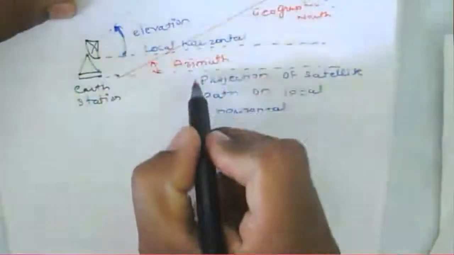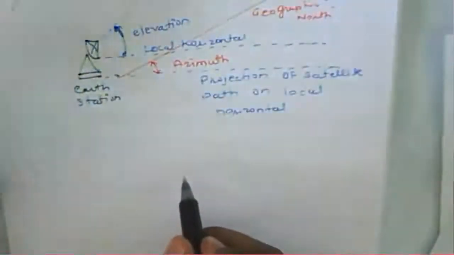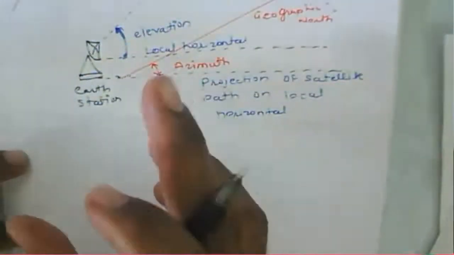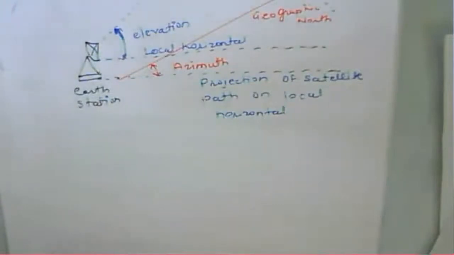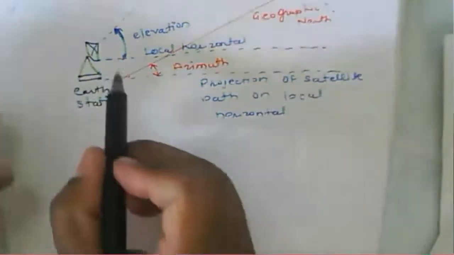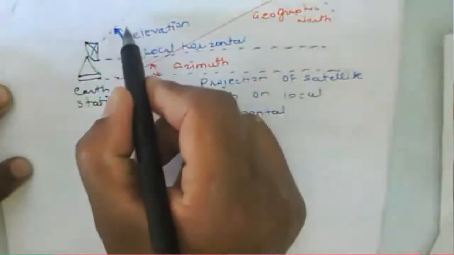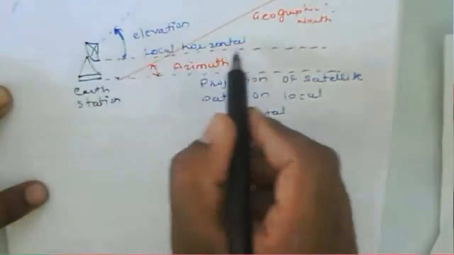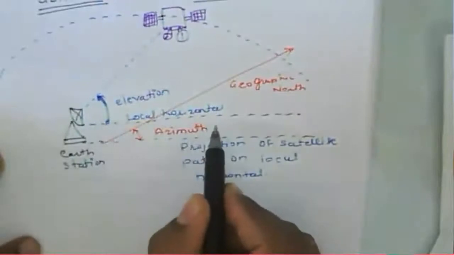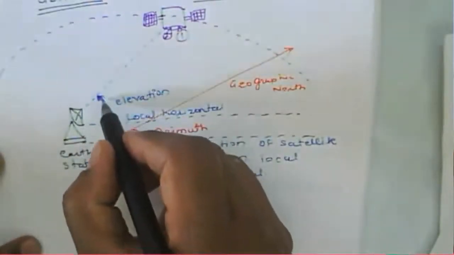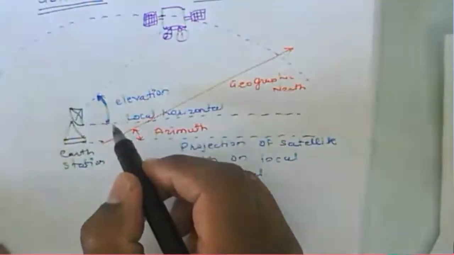So for that purpose, we should know what the subsatellite point and trajectory are, that is nothing but a path from a local horizontal plane to the satellite in the upward direction. That is the angle measured from the trajectory of the satellite on the local horizontal plane to the satellite in an upward direction. That is nothing but the elevation.